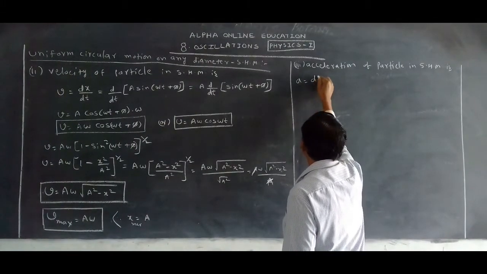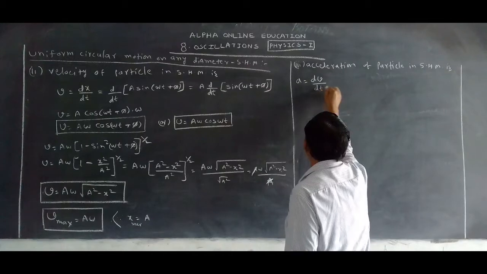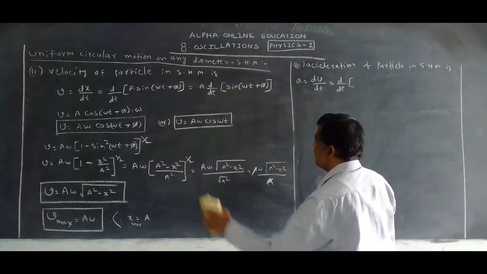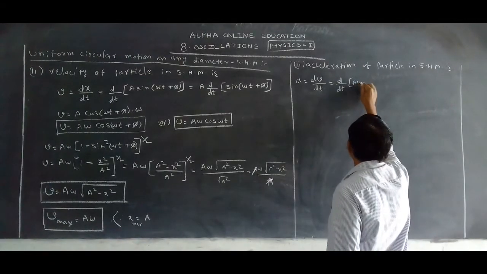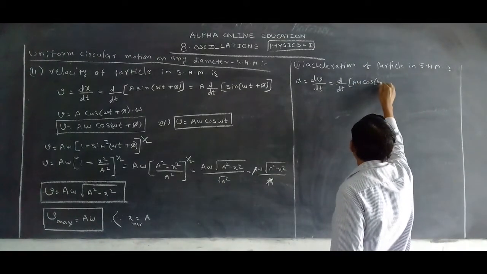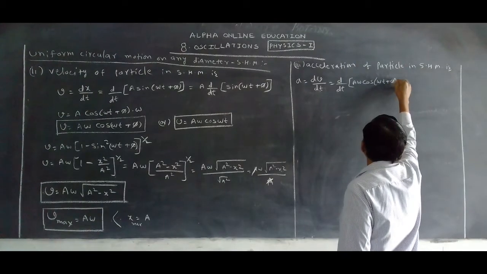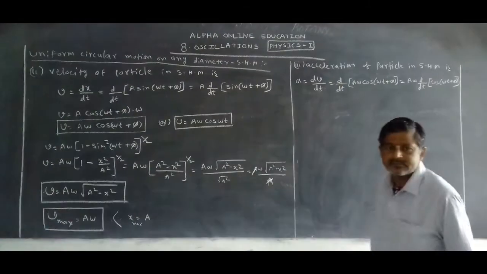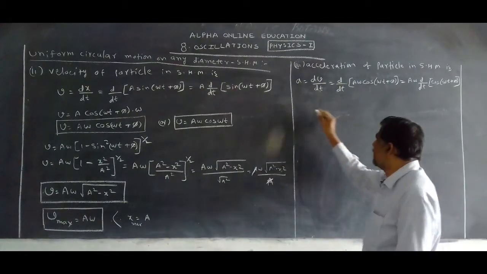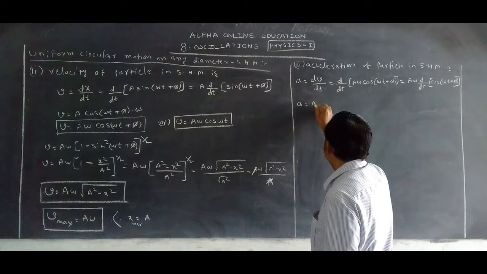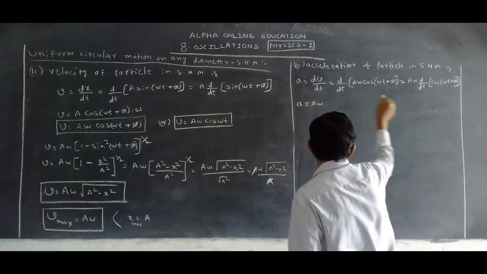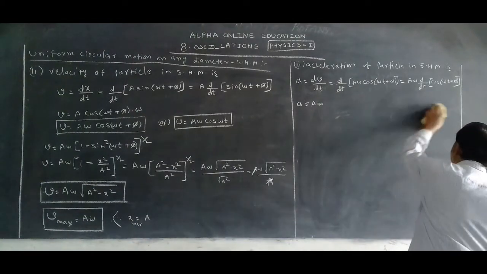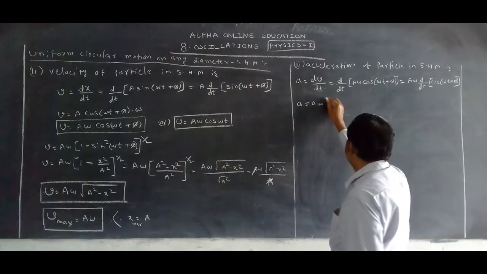Now, what is the equation for acceleration? A is equal to dv by dt, d by dt of V, which is a omega cos (omega t plus phi). Here a omega is common. Again, what is the differentiation of cos (omega t plus phi)?